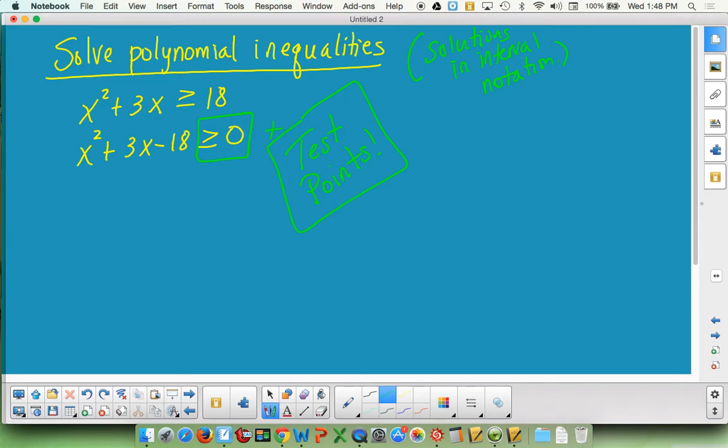So, you're going to have to factor it, find where it equals 0. Those are the numbers you're going to put on your number line so that you can test points. On these, you always set it less than 0 or greater than 0. And then you're going to test points. Actually, probably, let's add in their factor and test points.